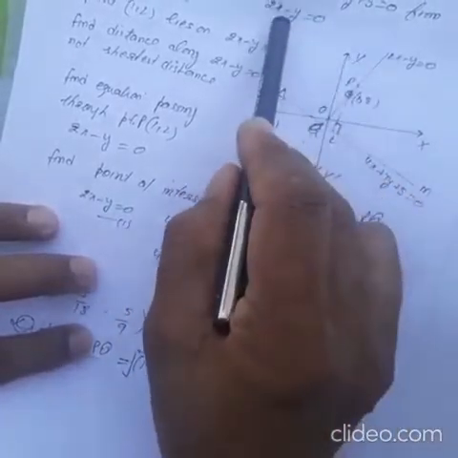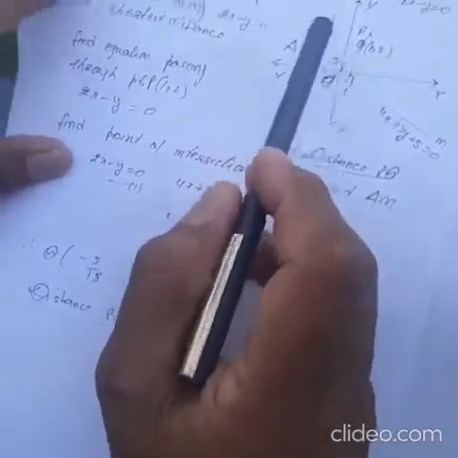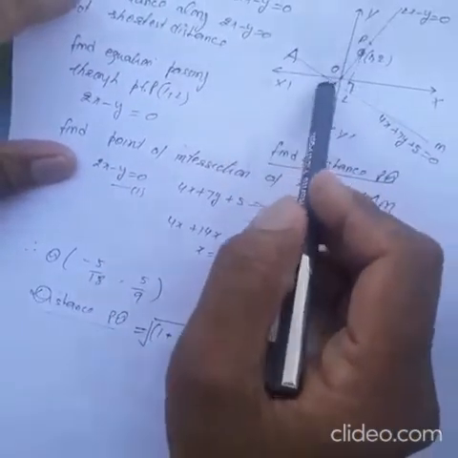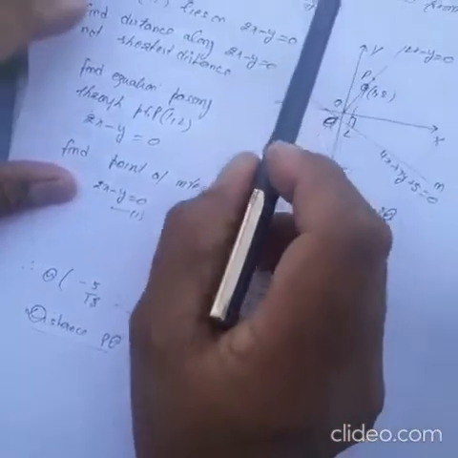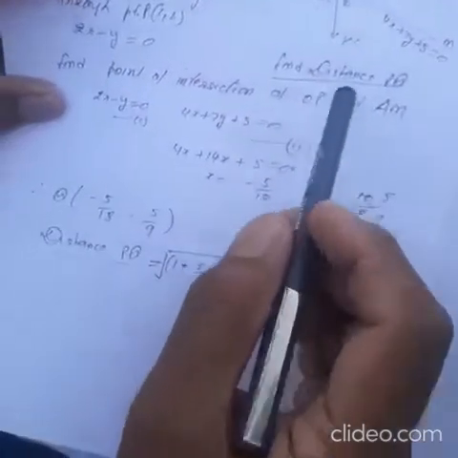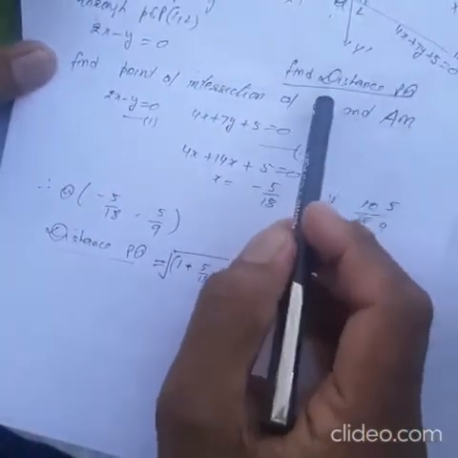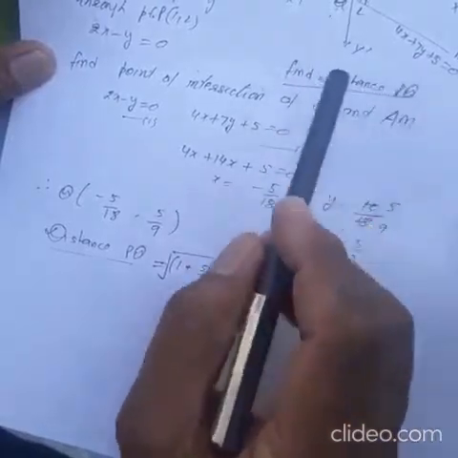So the equation is given to us, and find the point of intersection of PQ and AM, the given line whose equation is given to us. So find the point of intersection of PQ and AM.